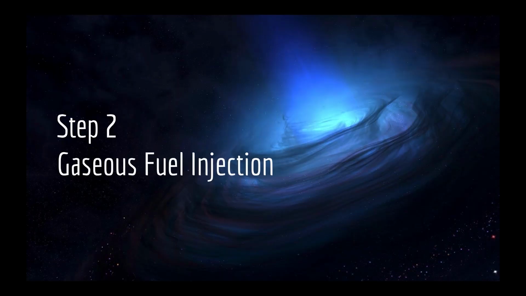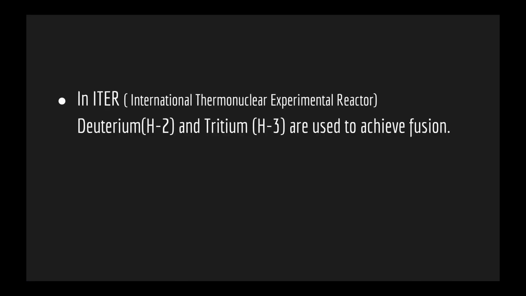After the vacuum process, the gaseous fuel is injected into the vacuum chamber of the tokamak. In ITER, which is the world's largest magnetic confinement plasma physics experiment, deuterium and tritium are used to achieve fusion.